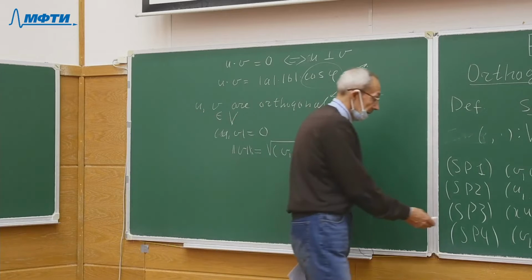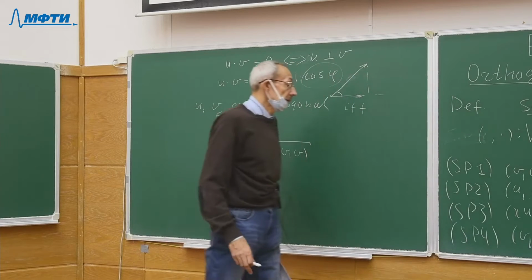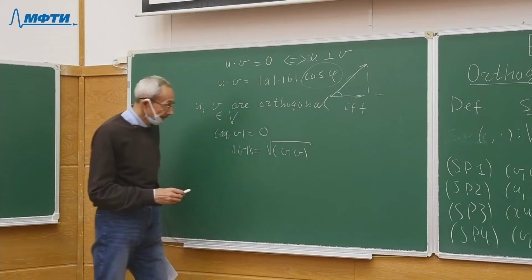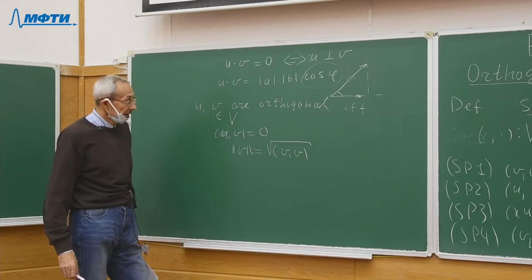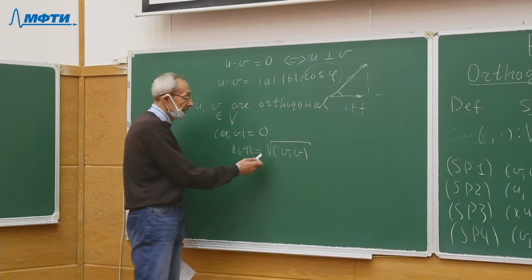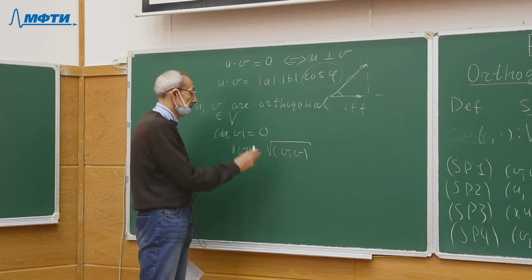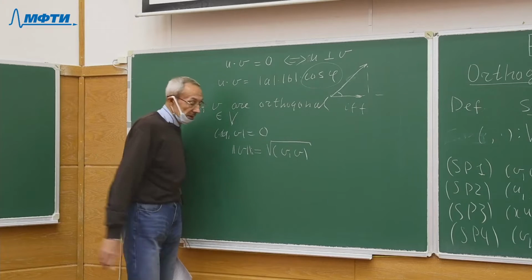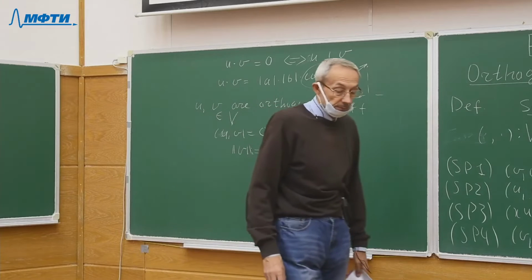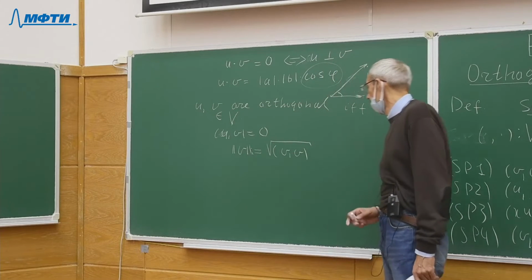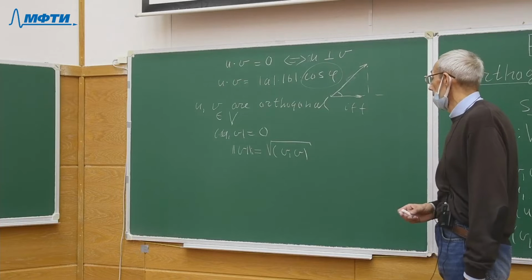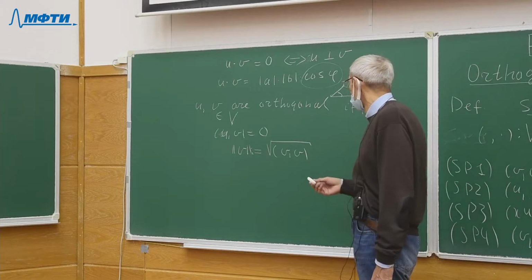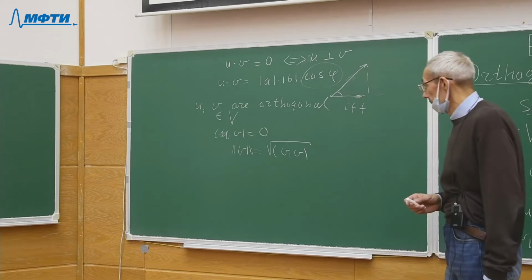From the last axiom, as before, it follows that the scalar square is positive, and we can correctly define the square root of this positive number, and we will call the square root of the scalar square the norm of the vector.